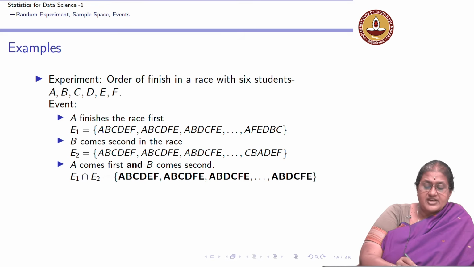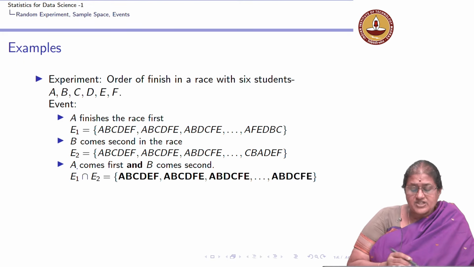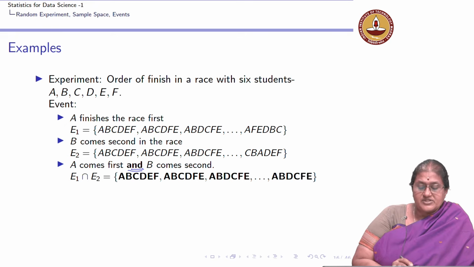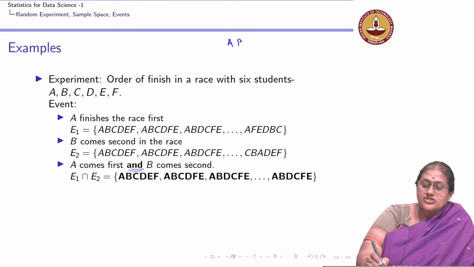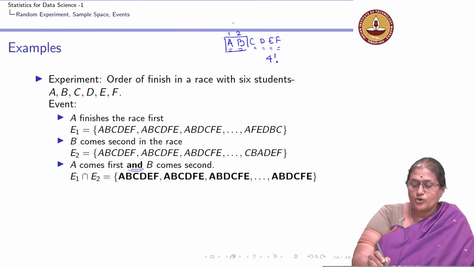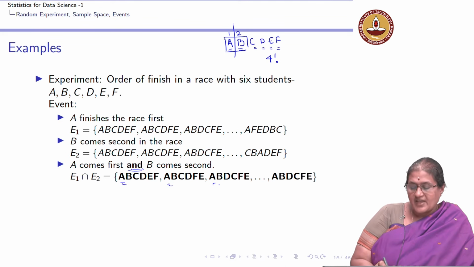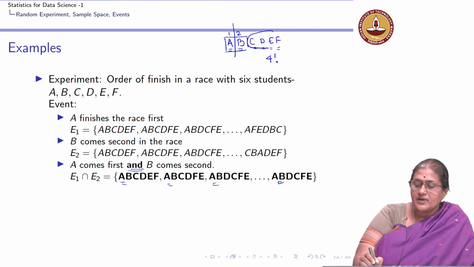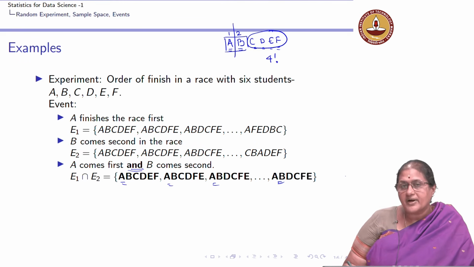I have A finishes first in the race, which is A, B, C, D, E, F. B comes second in the race is A, B, D, C, E, F. Now, if I am looking at events where A comes first and B comes second, then I am looking at all possible arrangements where A is in my first place, B is in my second place, and the rest of the elements are arrangements of C, D, E and F, which can happen in 4 factorial ways, because I am fixing A and B to be in my first and second place, and I am looking at all other possible arrangements of C, D, E, F among themselves.